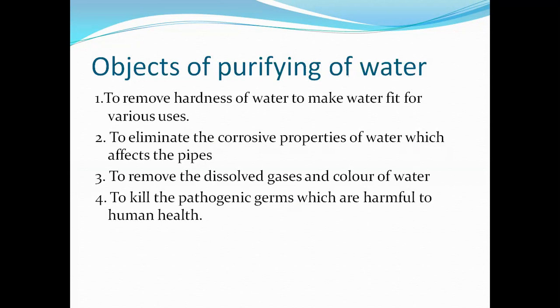There are four objects of purification of water. First is to remove hardness of water and make water fit for various uses. Then to eliminate the corrosive properties of water. Then to remove the dissolved gases and color of water and to kill the pathogenic germs in the water, the purification is required.